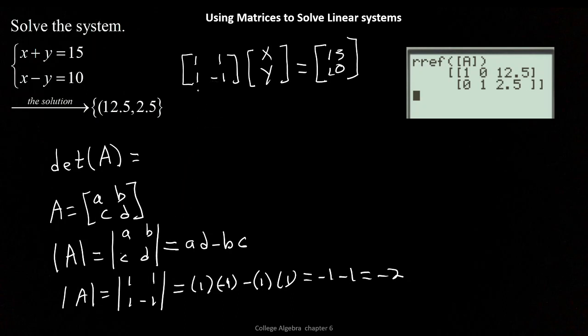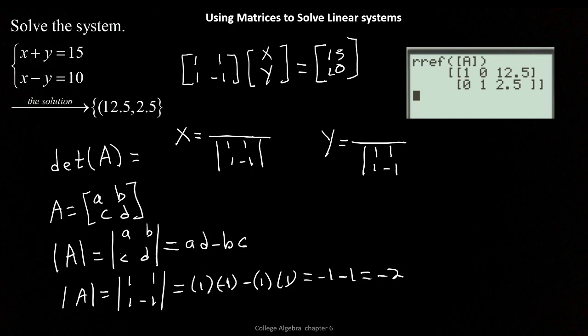So what does it have to do with solving systems of equations? Well, this guy discovered that if we have a system like this, then the x that we're looking for is nothing but a fraction whose denominator is the determinant of the coefficient matrix, and the same is true for y.